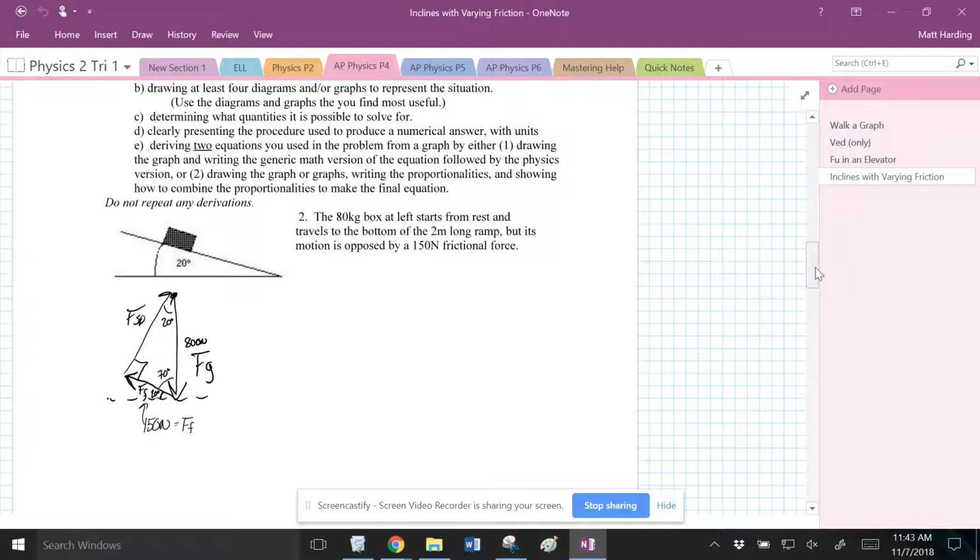What'd you do with that? So you chopped off 123 newtons of force, because originally we had 273. Then you can set 123 newtons equal to 80 kilograms times the acceleration. And then you can solve for A, which is 1.54 newtons per kilogram, and the equivalent for newtons per kilogram is meters per second squared.